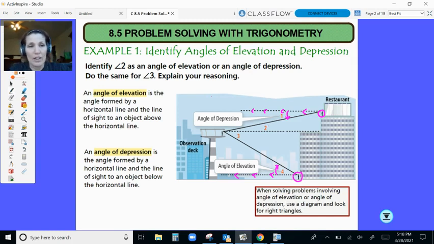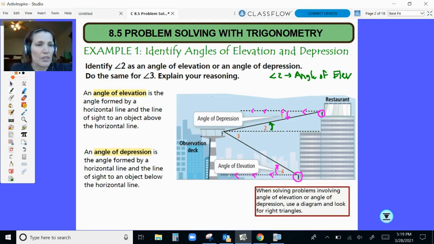So identify angle 2 as angle of elevation or depression. So angle 2 right here. If this is my horizontal line, the dashed line, and I have to go up from there, my angle 2 would be an angle of elevation, right? So angle 2 would be an angle of elevation. Okay, and then let's look at number 3.